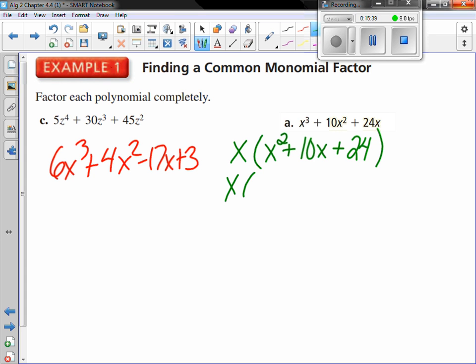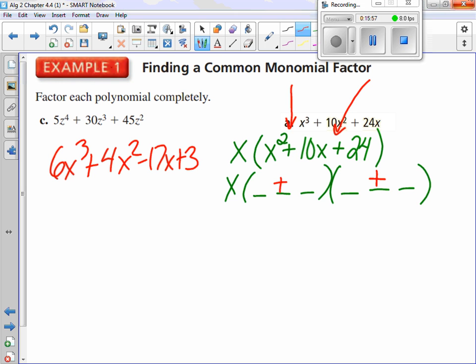Well, this here does factor. So we have two sets of parentheses with 3 spaces. And because the 24 is positive, the constant term is positive, the signs are the same and they match the sign of the middle term, which is also positive. So I have positive and positive. Now the factors of x squared would be x and x, because there's only one set of factors that multiply together to give me x squared, and it has to be x and x.